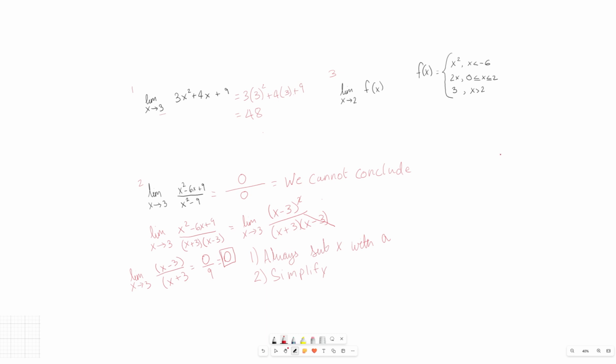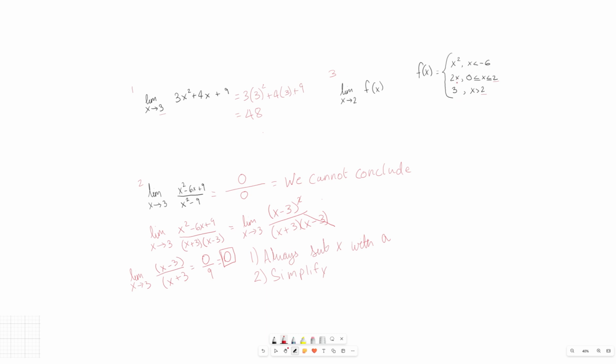Now, if you think about this, we're dealing with 2. So let's look at 2 only. Where are the 2's? We have a 2 right here, we have a 2 right here. So we don't really care about this section of the graph yet. We'll come back to that later.